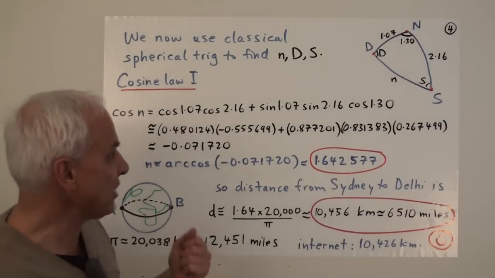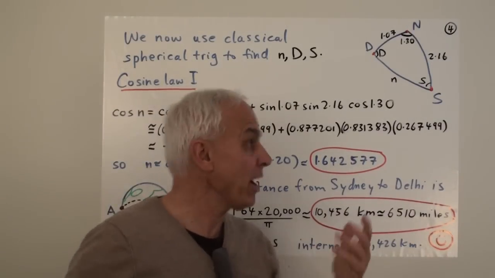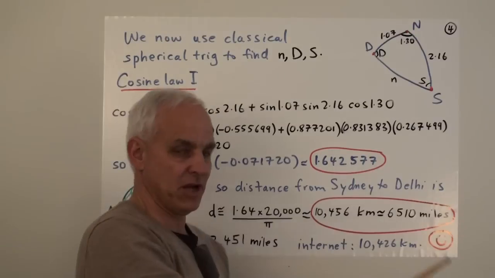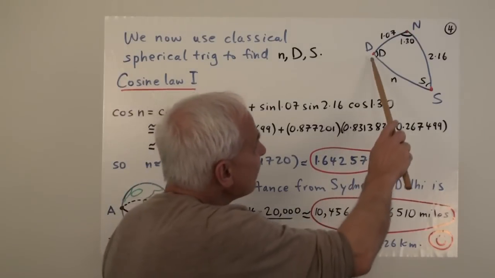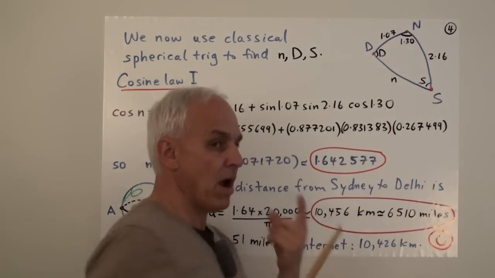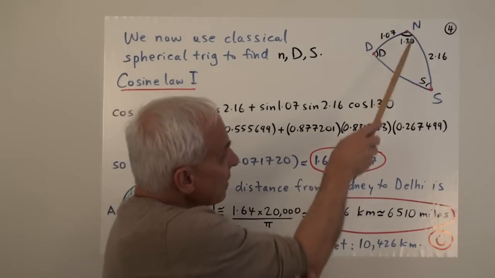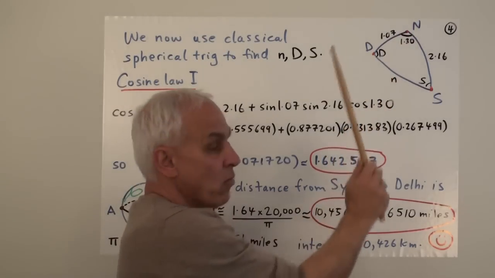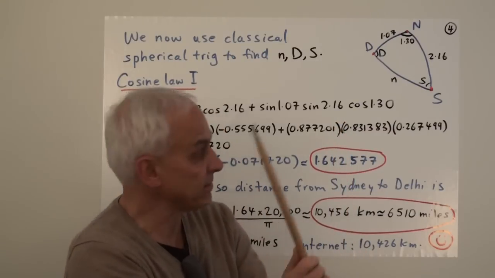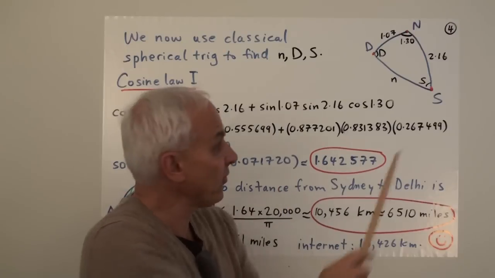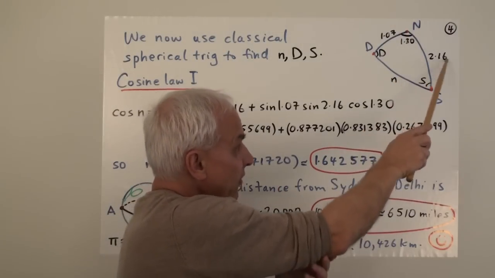Good. So let's represent our spherical triangle with this diagram right here. We'll dispense with the sphere; we know we're on a sphere, so we'll have slightly curved sides to remind us that we're talking about spherical trigonometry. This angle here is 1.3 radians. This side is 1.07 radians. This side is 2.16 radians.